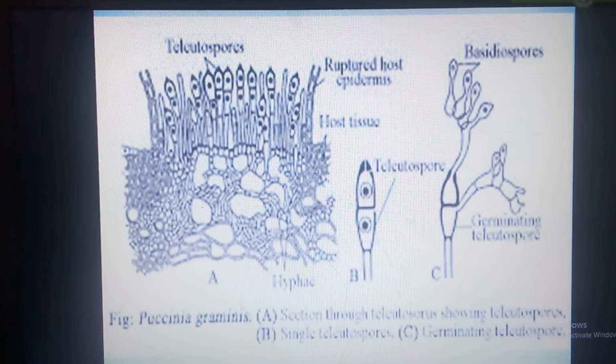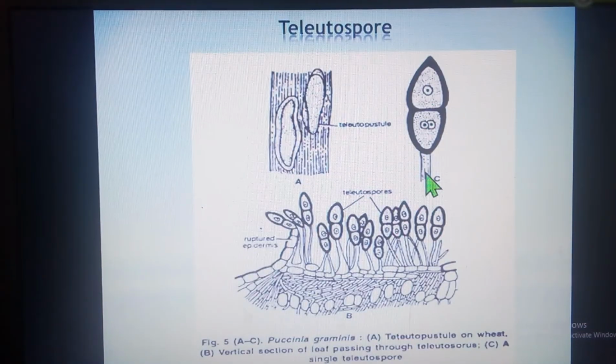Here, if we take a look at the teliospores, they have a stalk, they are spindle shaped, thick and smooth walled.